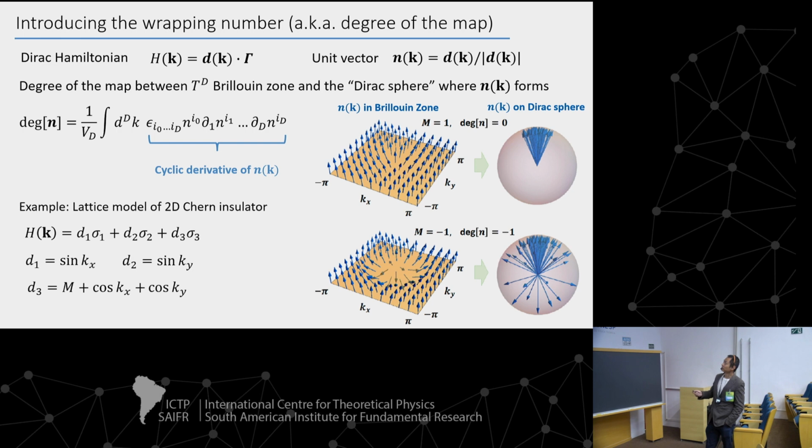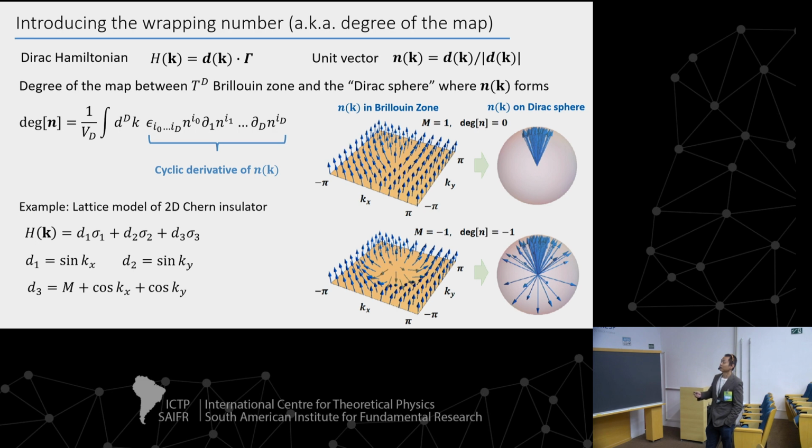All these blue vectors are the n vectors, right? You can imagine a process where you shrink the base points of all these blue vectors together, and then they are all pointing kind of to the North Pole, as you can see from this figure. And obviously they are all unit vectors, so they will form a sphere. So this wrapping number is counting the number of times that the Brillouin zone torus wraps around this sphere.